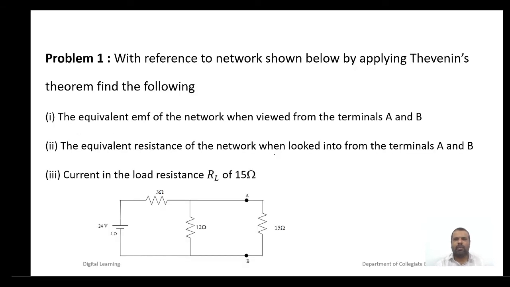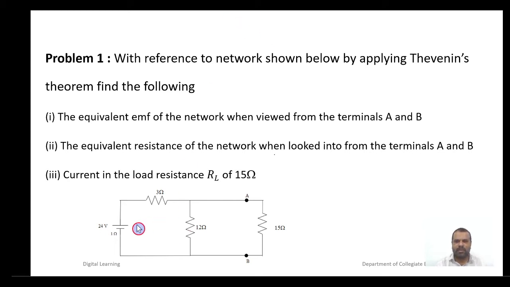Problem 1. With reference to the network shown below, by applying Thevenin's theorem, find the following. First, the equivalent EMF of the network when viewed from the terminals A and B. Second, the equivalent resistance of the network when looked into from the terminals A and B. Third, the current in the load resistance RL of 15 ohm.